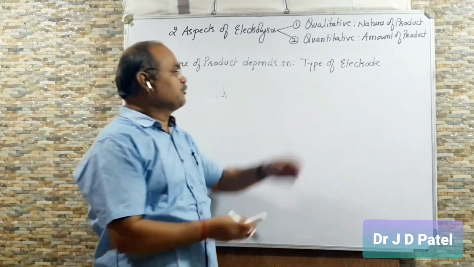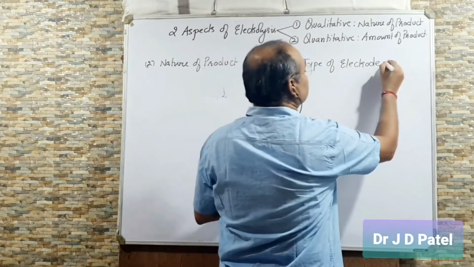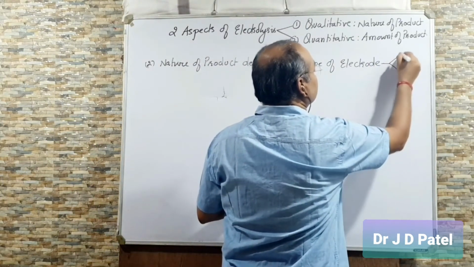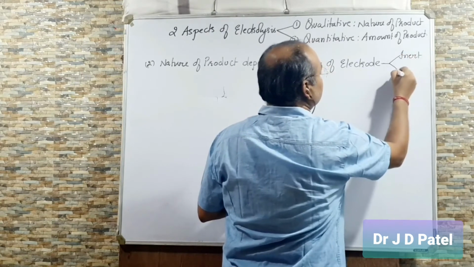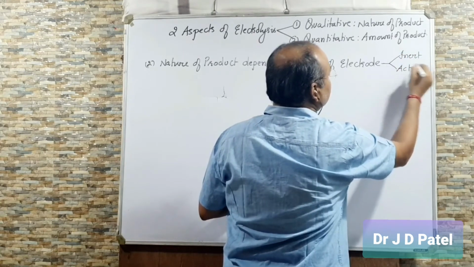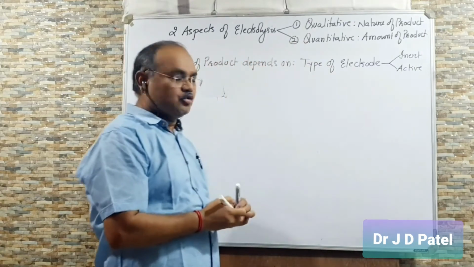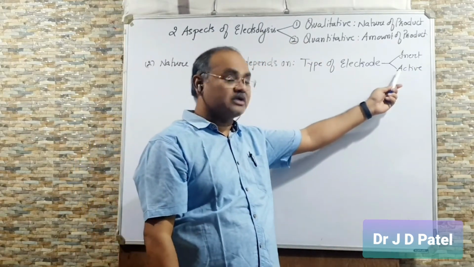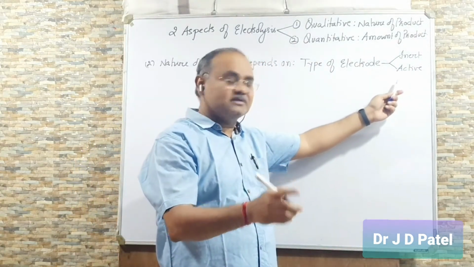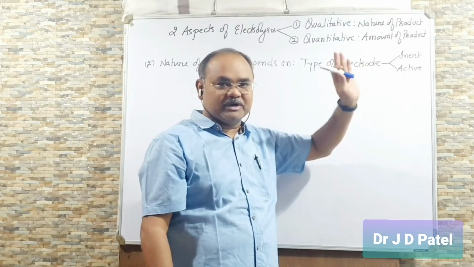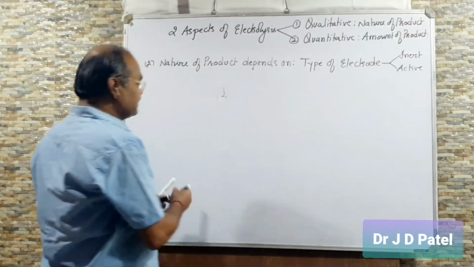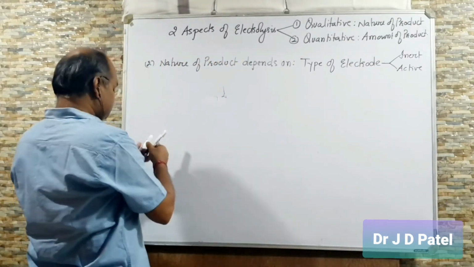Let us see type of electrode. Electrode, I told you, can be inert, it can be active. And you know the definition of both. Active electrode, electrode whose atoms or ions take part in reaction. Inert, electrode whose atoms or ions do not take part in redox reaction. Let us carry out both one by one.